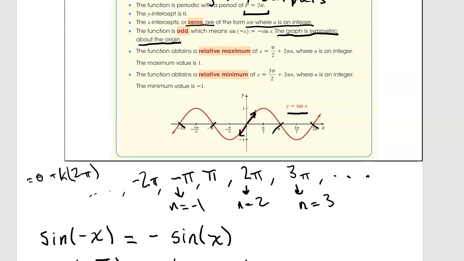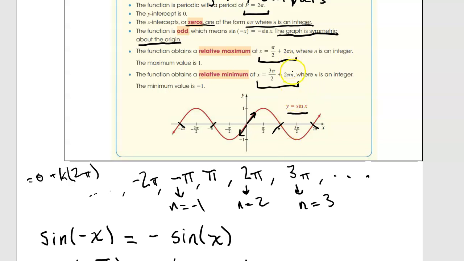So the relative maximum and relative minimum are here and here. So basically this is just saying anything coterminal with pi over 2 is going to give you your maximum. Anything coterminal with 3 pi over 2 is going to give you your minimum.